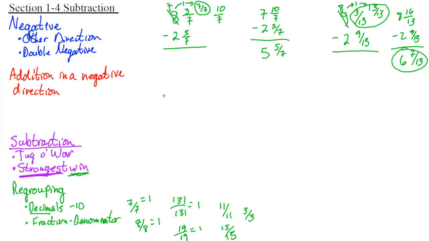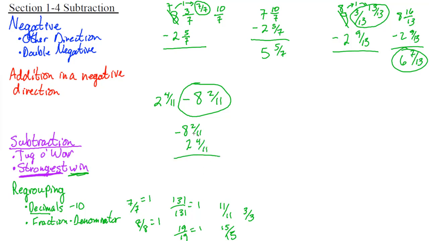Excellent. Let's do one that'll be a little bit odd. We take 2 and 4/11, and we subtract from that 8 and 2/11. Something like that. Now remember, when we set this up, we've got to do the strongest one on top. So we now have negative 8 and 2/11, and we subtract 2 and 4/11, like that.